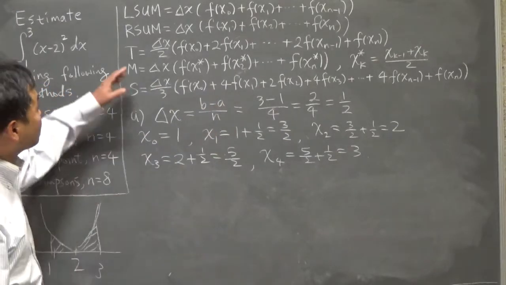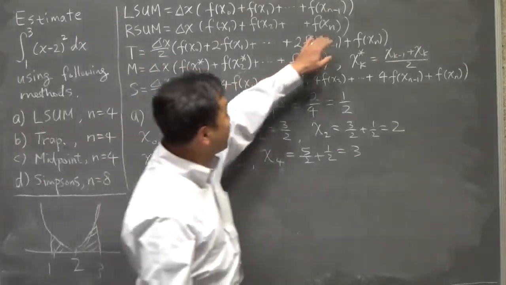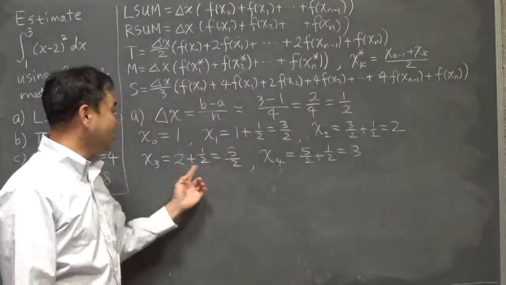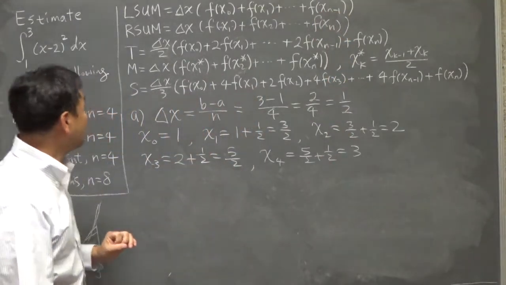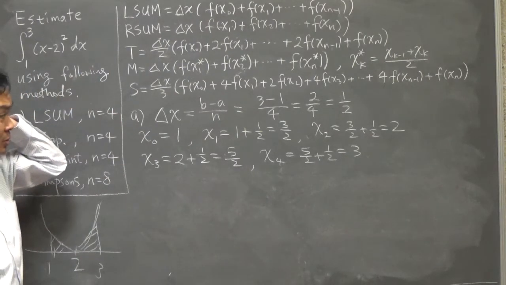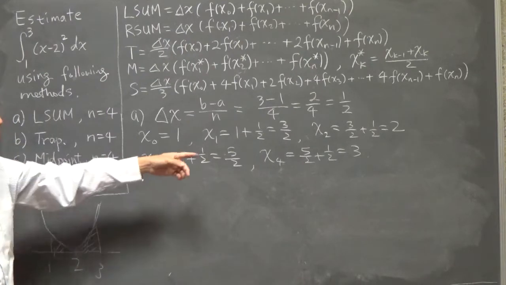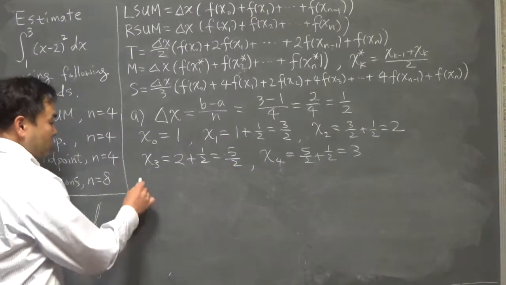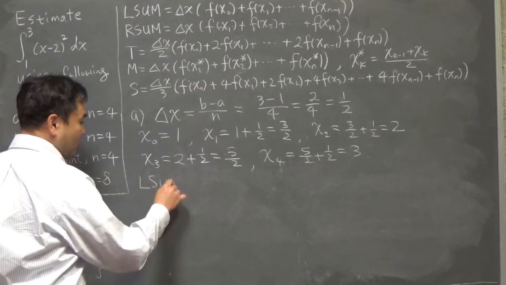Now, if you look at the formula for the left sum, it actually ends at 1 before the last xn. So you really just needed this much, but because we'll be using this for trapezoidal and also for midpoints, that's why I actually calculated until x4.